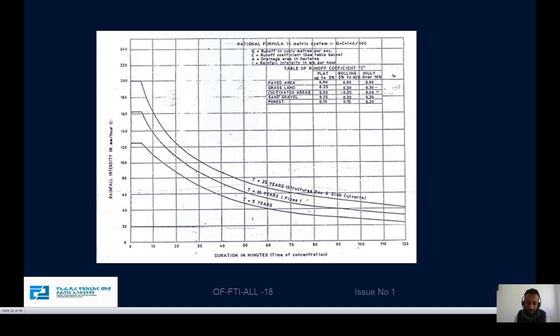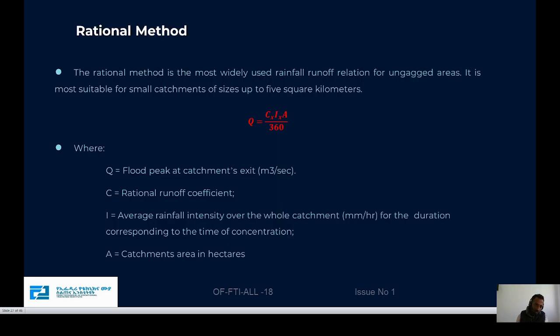If it is a paved area, the runoff will be greater, for example 0.9. When the area is forest, it is 0.2. So we have decreasing runoff depending upon the type of material. So we calculate the discharge.